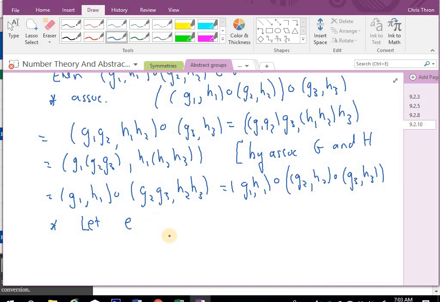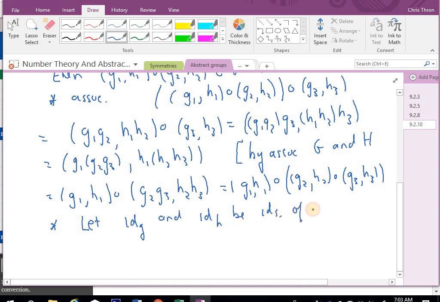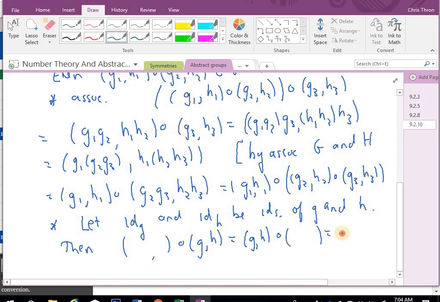Well, let's just say it this way: let id_G and id_H be the identities of G and H. Then you need some identity element, (id_G, id_H), composed with (g, h) equals (g, h) composed with it, which is equal to (g, h).